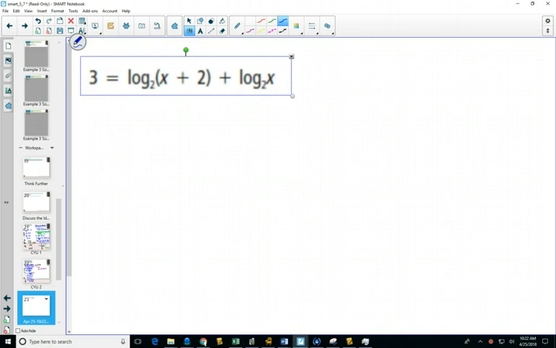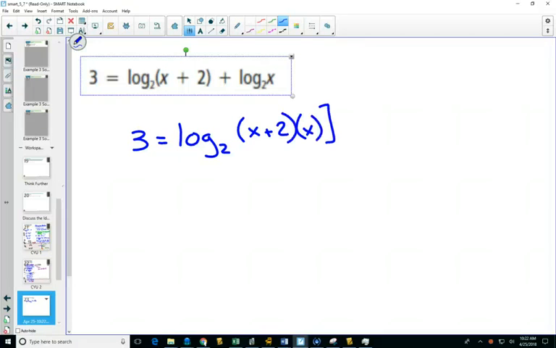Step 1, get things together as a single logarithm. Can I put those two logs together? Yes, they have the same base, so we're allowed to. Adding is the same as multiply. Step 1 completed.